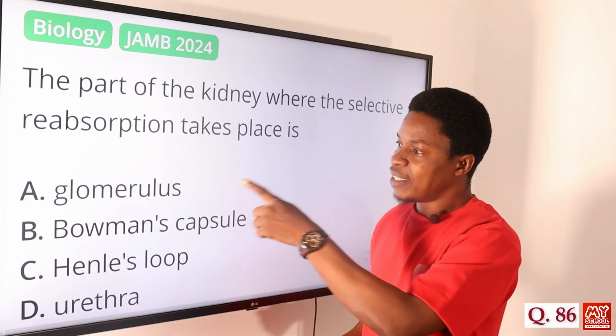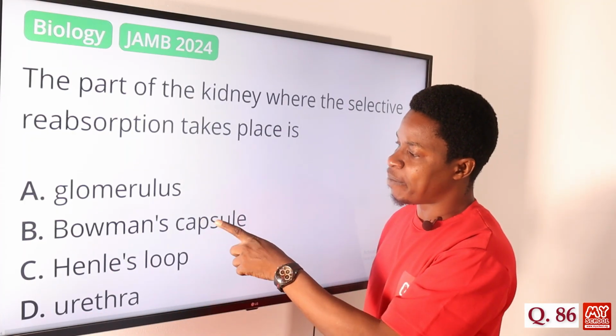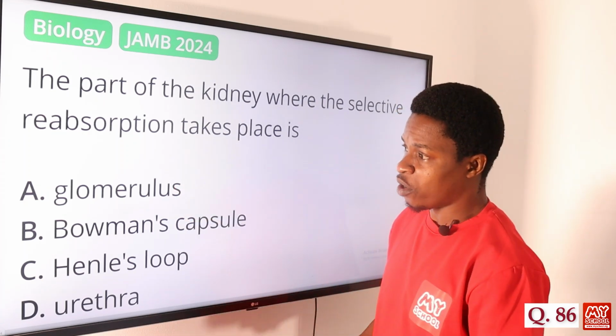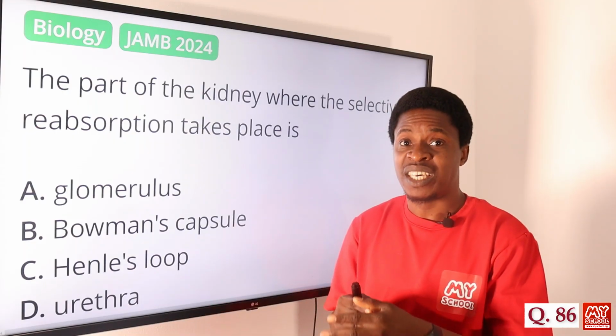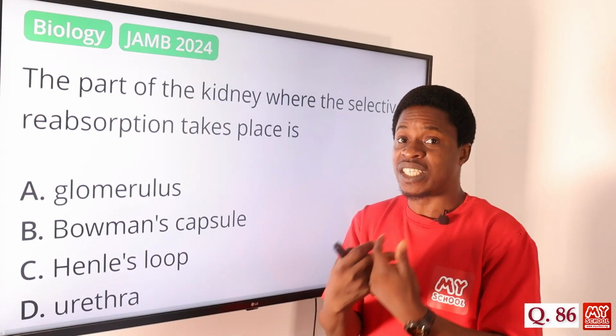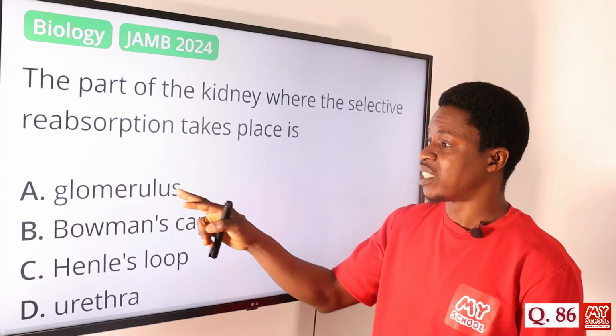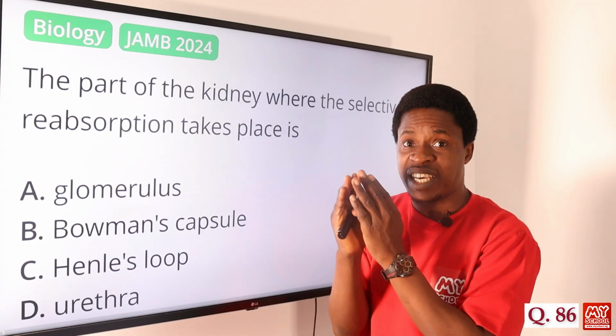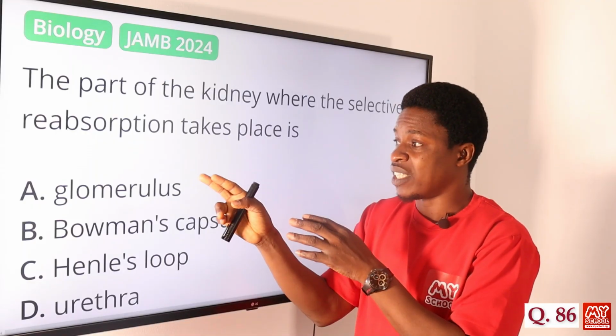Well, both the glomerulus and the Bowman's capsule actually help in filtering the blood, so that the waste is removed from the kidney. That's what we have, both of them. How do you define the glomerulus? It is a lot of capillaries that are coiled together. If you check inside of a kidney, you see them.